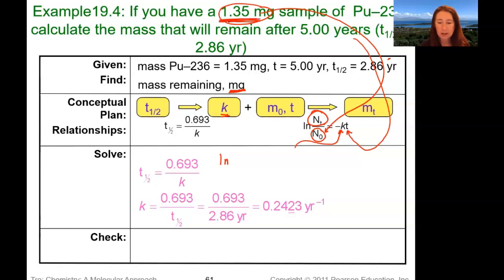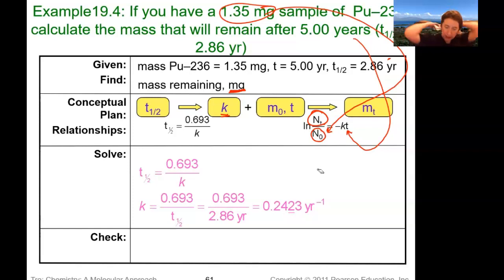Sorry, I said that backwards there. Let me fix this. Let me make sure I put that to the right one. And now our k, we know this is our k, right? Okay, so when we do this, we need to use our equation.